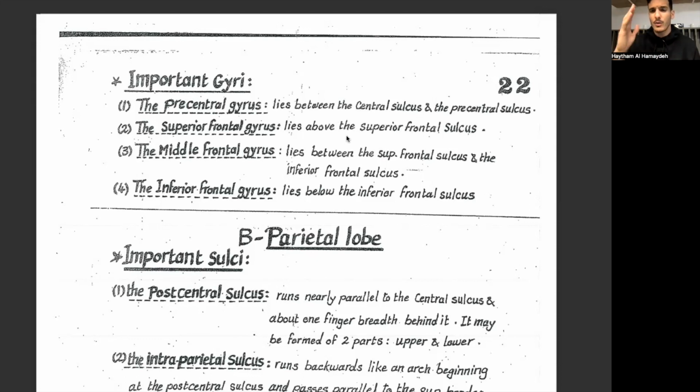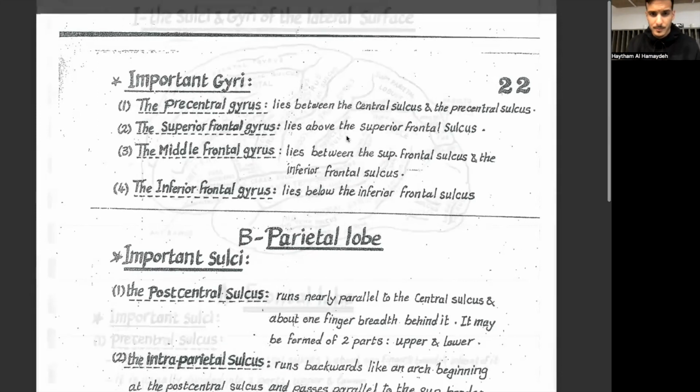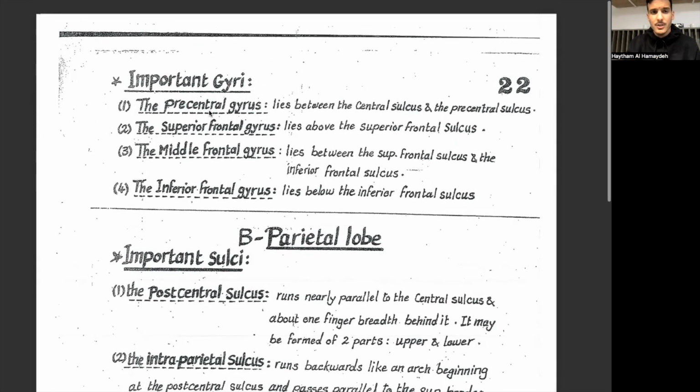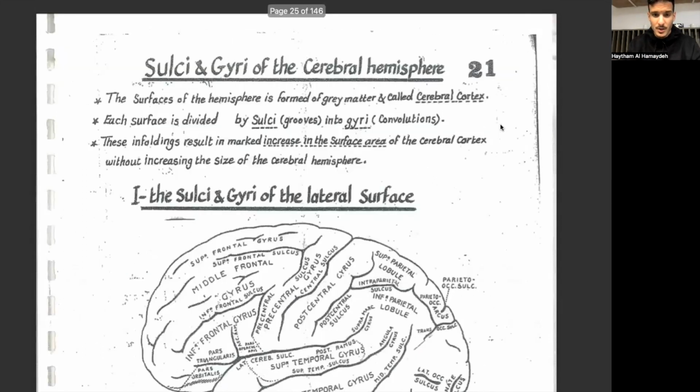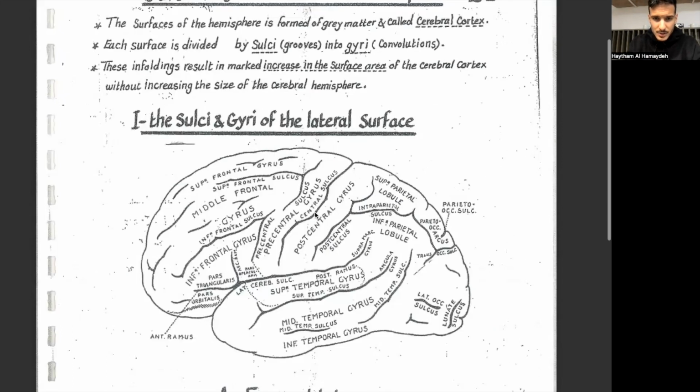And of course, all those things are on the lateral surface of the frontal lobe. The precentral gyrus lies between the central sulcus and the precentral sulcus. So here, central sulcus, precentral.